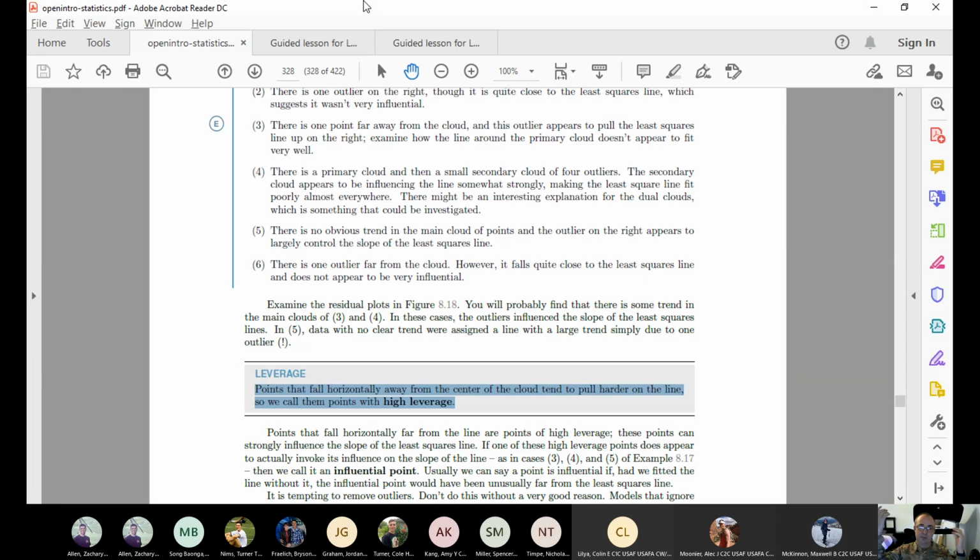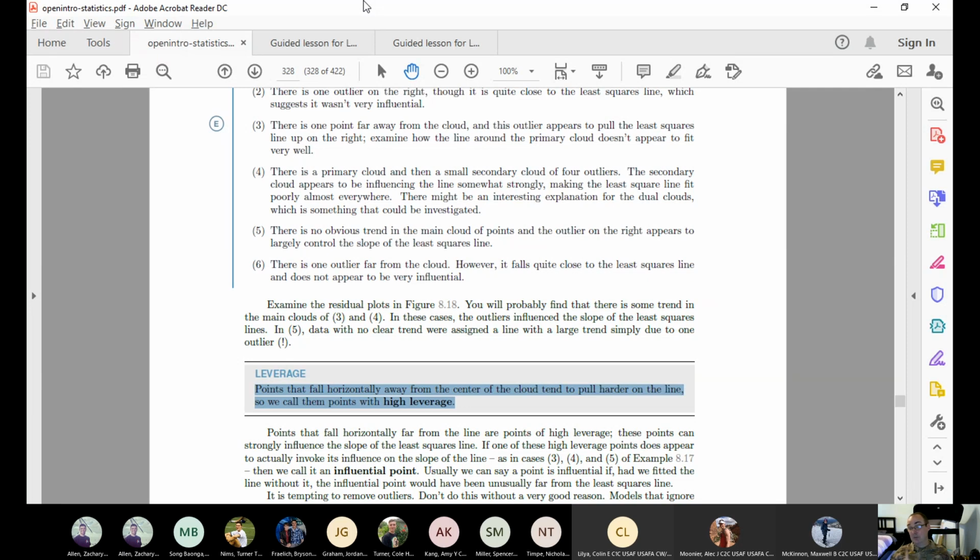That is where leverage comes from. And so if you have a point that is right in the middle of the x, it might pull the line up and down, but it is not going to tilt the line that much. Whereas if it is far away from the cluster of the cloud on the x-axis, it is going to cause a lot of leverage pulling that up and down, right?